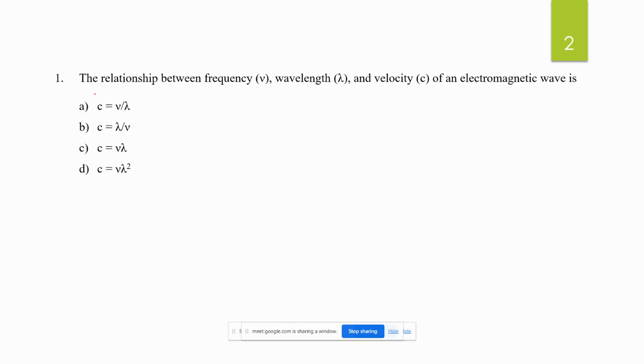With this type of question, you can do it with the units themselves. Here, the unit of C, which is the speed of light, is meter per second. The unit of lambda is meter. So even if you have forgotten the formula, you will be able to do this question.